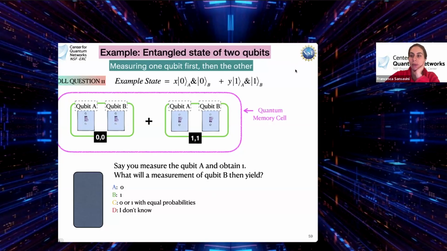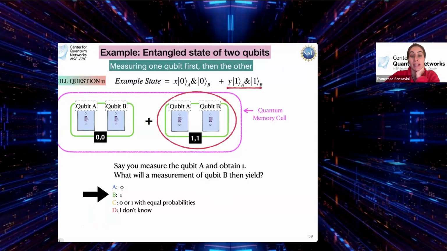We have a lot of you that said 0 and 1 with equal probabilities. Some of you said 1, a couple said 0. Let's see what the correct answer is. In this case, the correct answer is B, which is that we obtain 1. The reason we obtain 1 is that we have measured qubit A and we obtained 1.